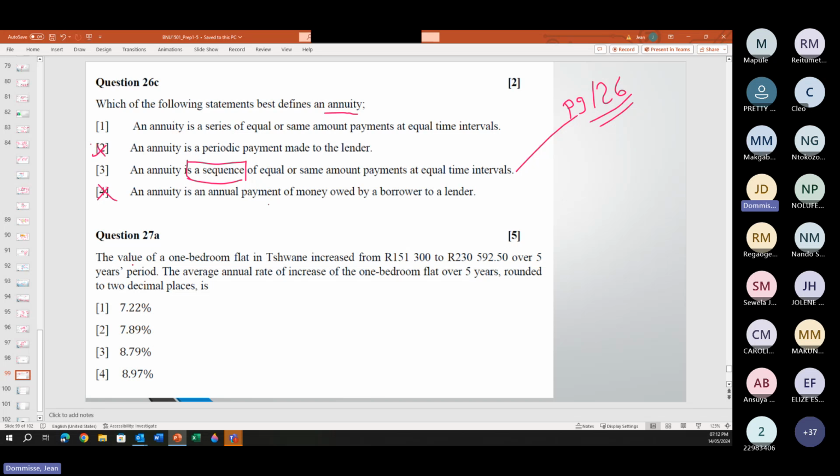A value of a 1-bedroom flat in Tshwane increased from 151,300 to 230,592. I think we did something like this yesterday. Over a 5-year period, what is the average annual rate of increase of the flat, rounded to 2 decimals?